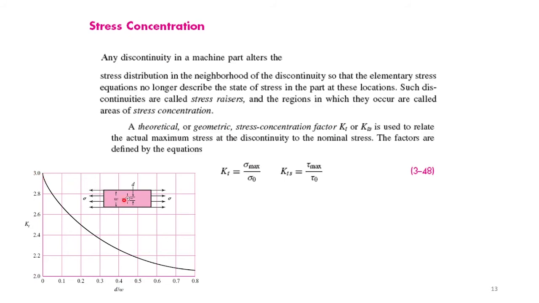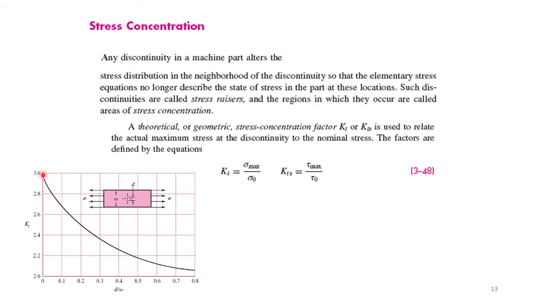When the hole diameter becomes very small compared to the width, this simulates the existence of a very sharp crack inside the plate. You see KT can take a value of 3.